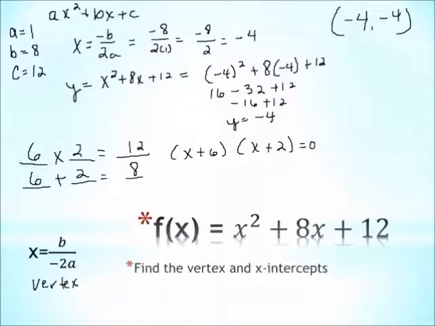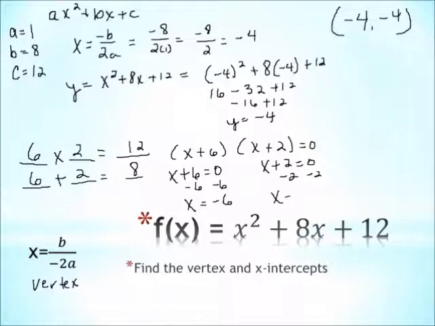But it says find our x-intercepts. So we need to take each one of these and set it equal to 0. Subtract 6. We get x equals negative 6. Again, take the other side, set it equal to 0, and we get x equals negative 2. So there's our intercepts and our vertex.